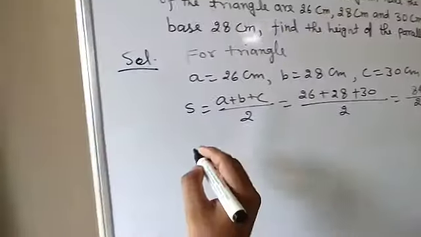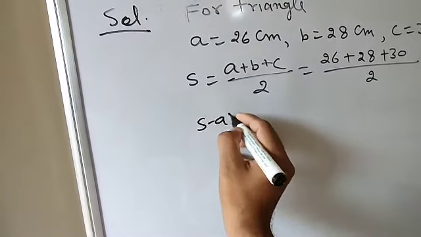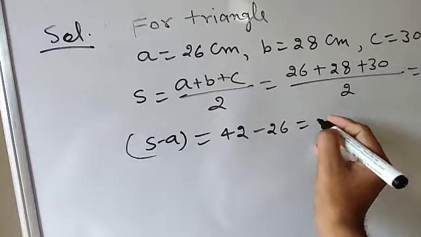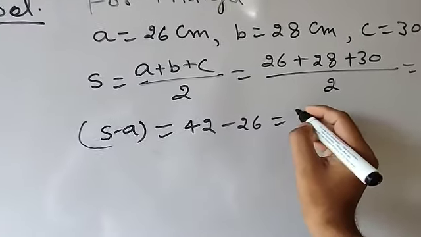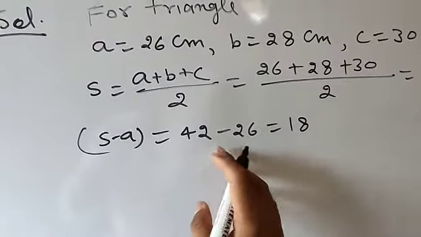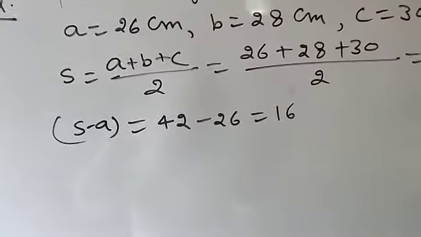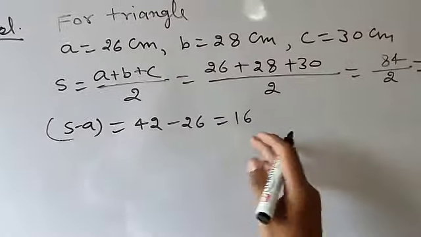Now you need to find S minus A, S minus B, S minus C. So S minus A equal to 42 minus 26, that is equal to 16.